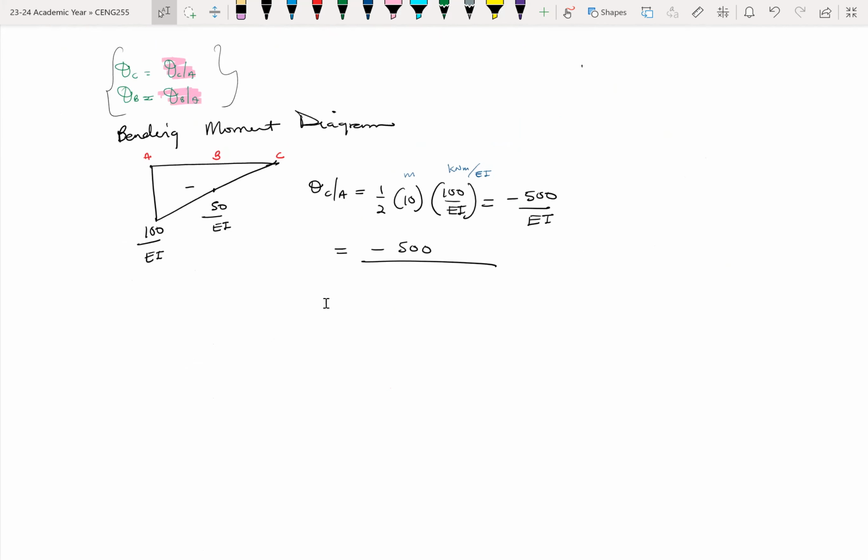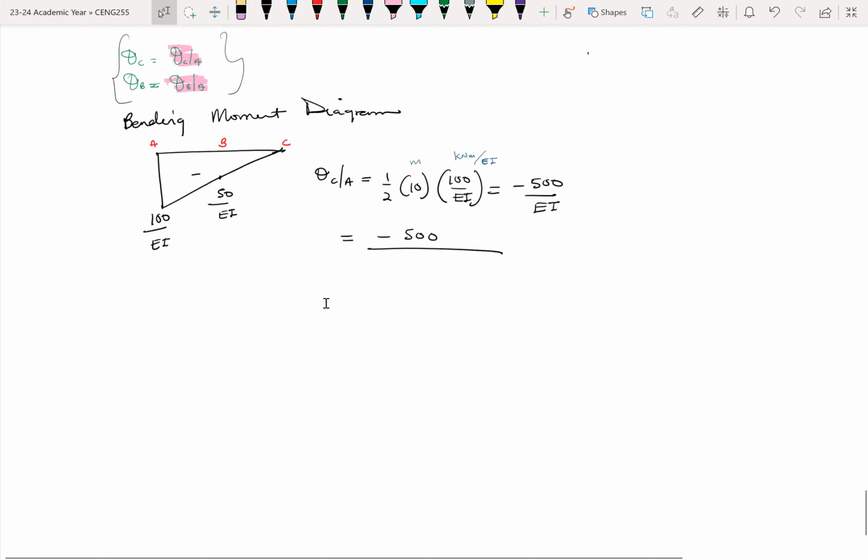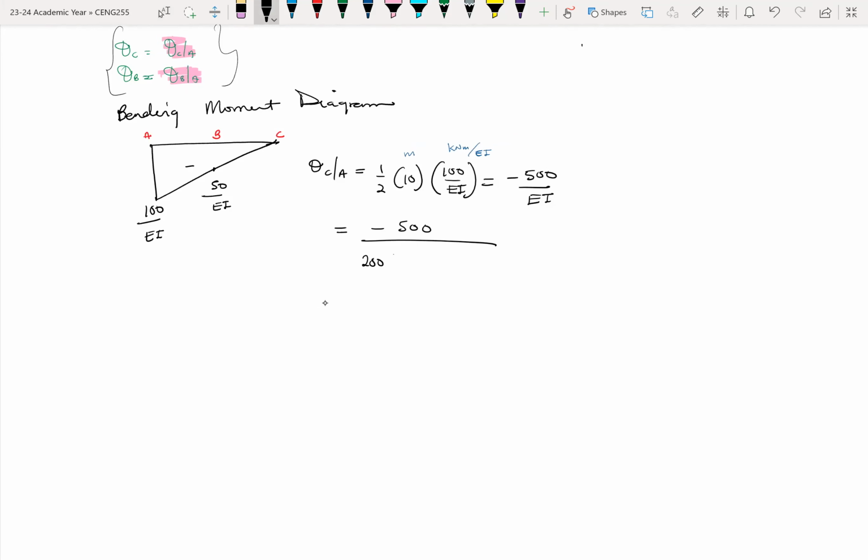So our E here is 200 times 10 exponent 6. Then our I is 360 times 10 exponent minus 6. So these are the information that we need from these calculations. So here you can do the math, then you end up with minus 0.00694, and whatever answer you get is in radians already.